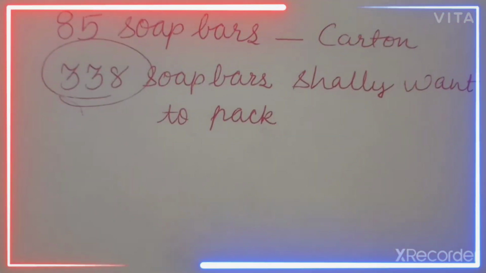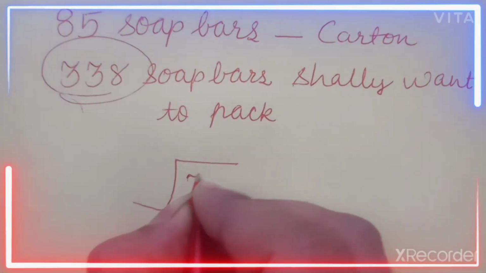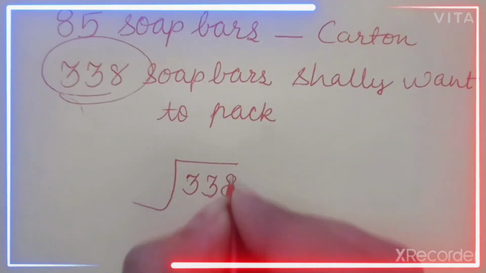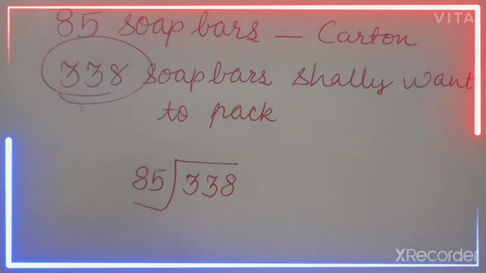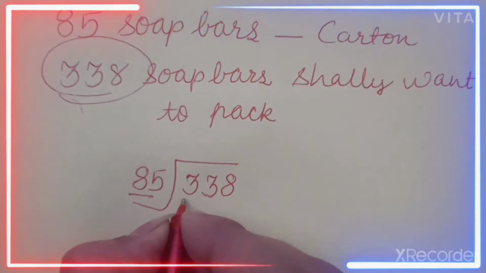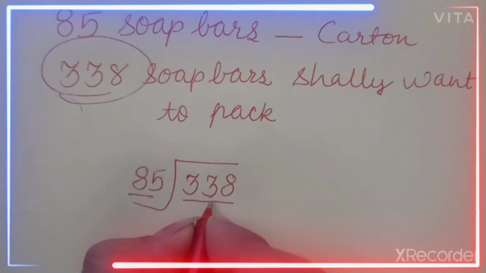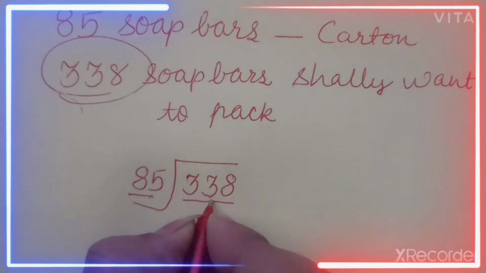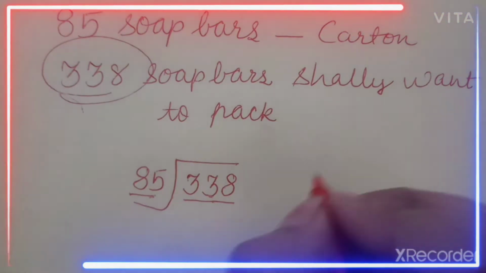Let's divide. 85. Now you will say the table of 85. How will we solve this? A 2-digit number is not possible because 338 is greater and 33 is smaller than this divisor.